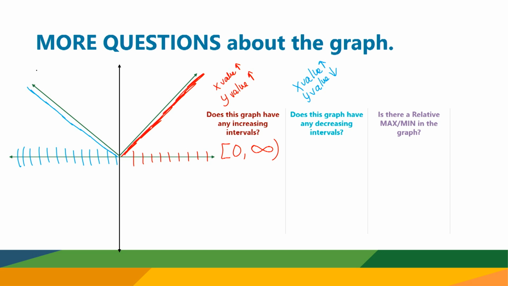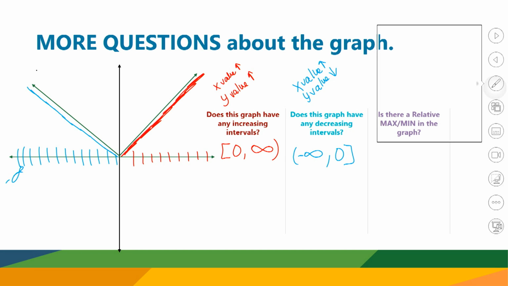So I could say that this interval starts at what? Negative infinity, because this is the negative infinity side, and it goes to 0. Using my parentheses for my concept, my bracket for exact. Good job.